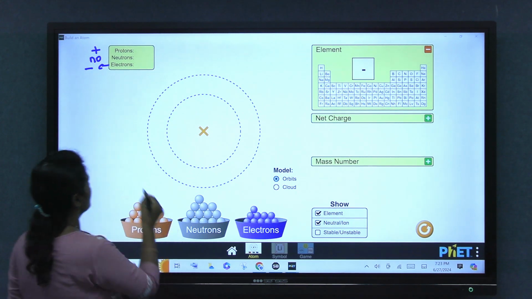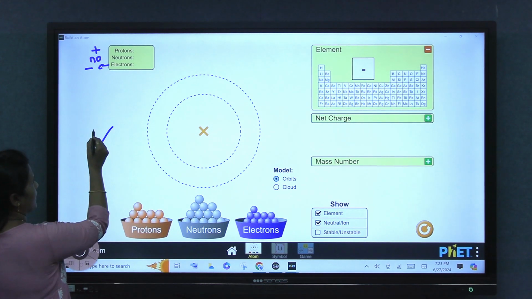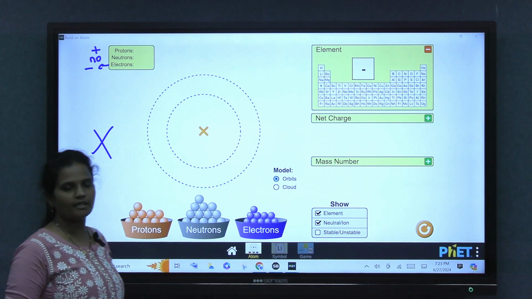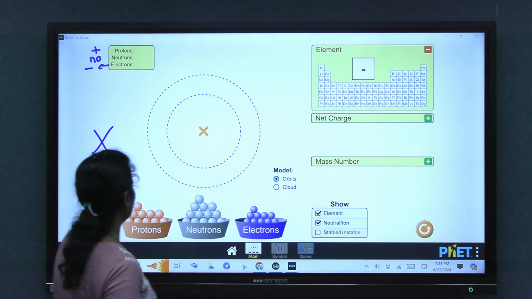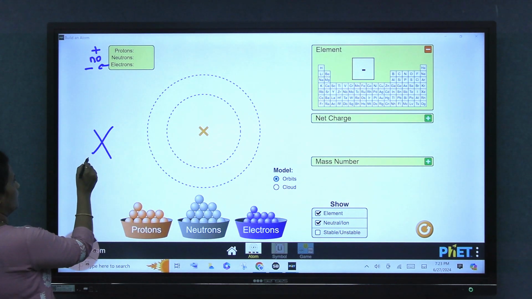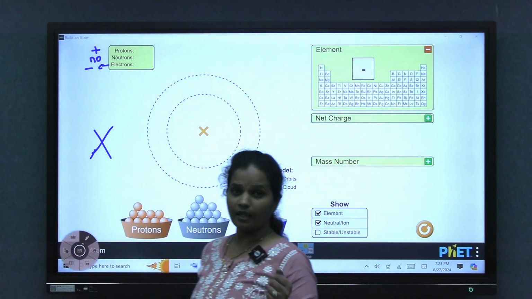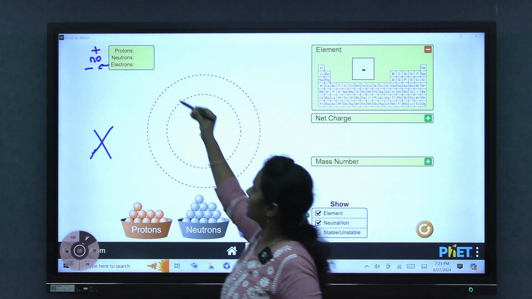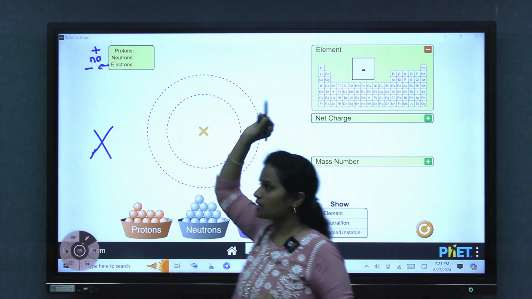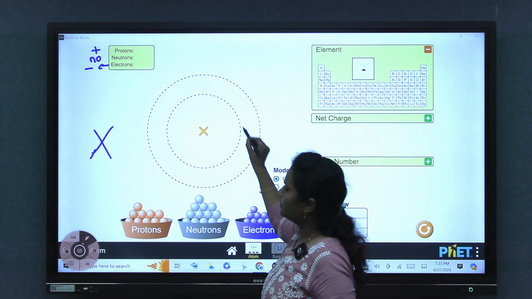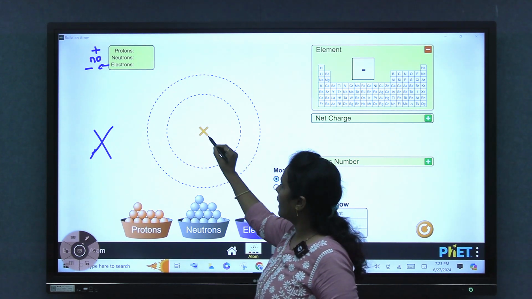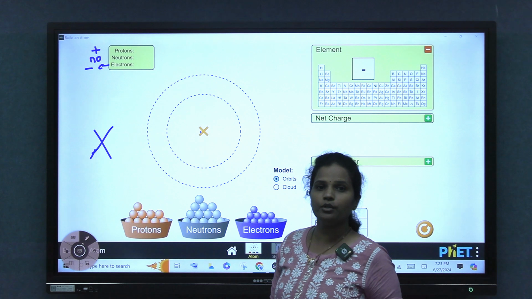Suppose X is an element. An atom consists of three subatomic particles: electron, proton and neutron. Let us take this as an atom. At the center of the atom there is a nucleus.